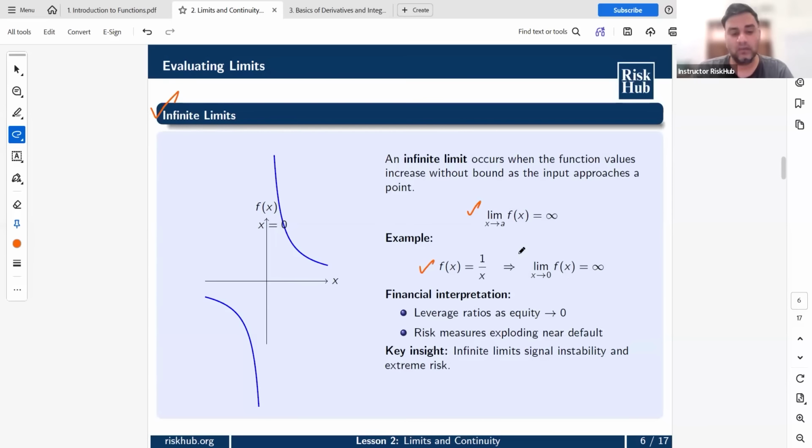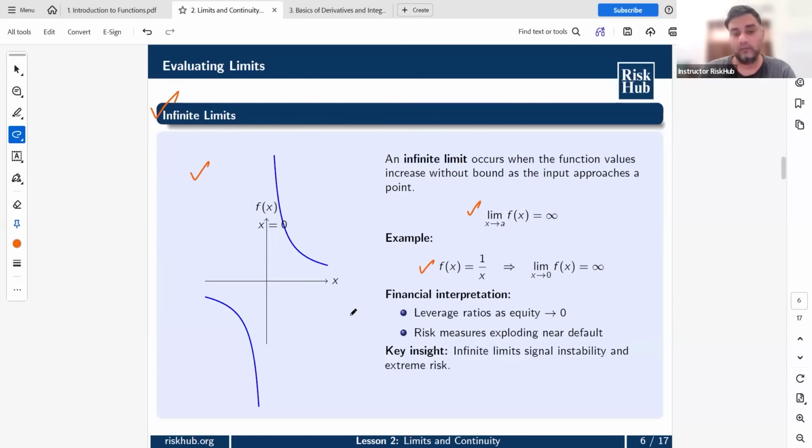The value becomes larger and larger as we move from the positive side towards 0. So the limit as x tends to 0 of f(x) is infinity. Graphical intuition: at x equal to 0, the function shoots upward, and the line x equal to 0 becomes a vertical asymptote.